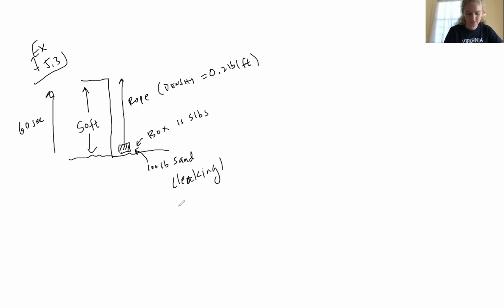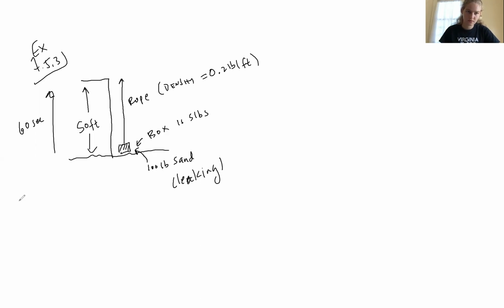So how much is it leaking out by? Well, we'll deal with that in a second. You're not just taking the 100 pounds of sand and lifting it up, because that would be too easy, right? You would just take 50 and multiply it by 100 and you'd be done.